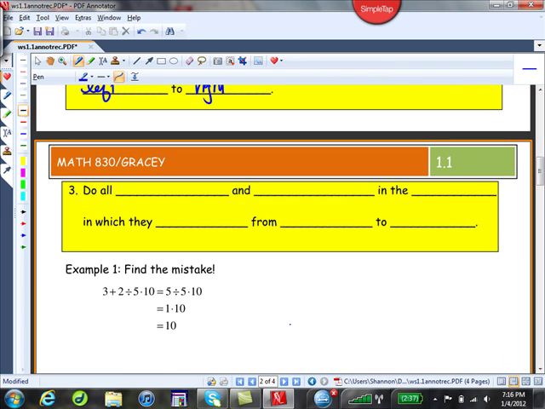And then the third step, do all additions and subtractions in the order in which they occur from left to right.